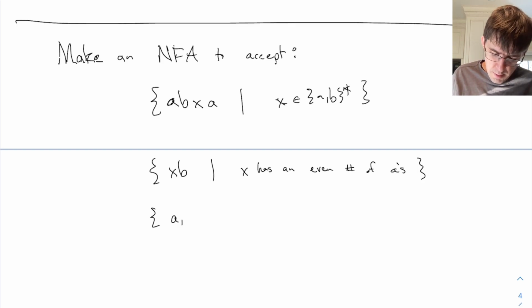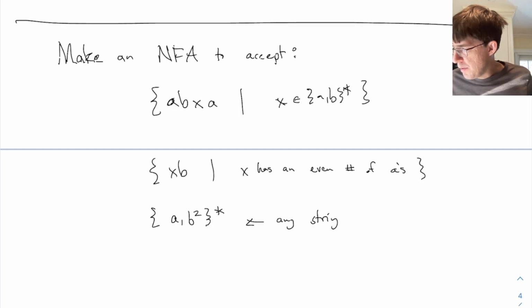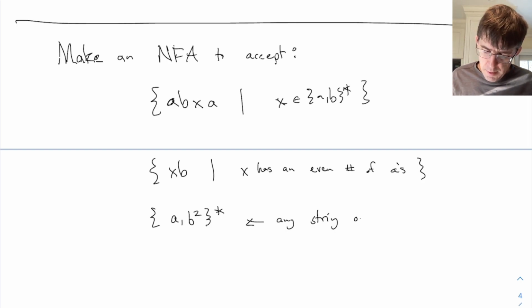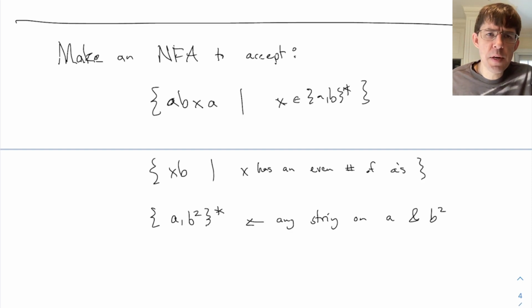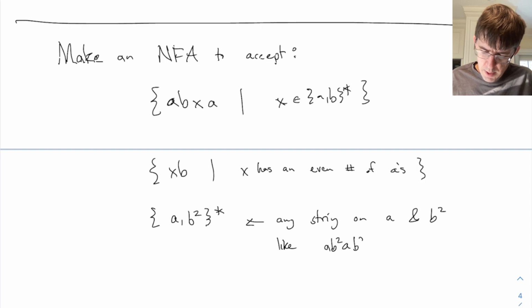This one's a little weird. This is any string on A and B squared. That means that the string can use A's and B's, but the B's have to be together in blocks of 2. So this is like, A, B squared, A, B squared, A, or A squared, B squared, that counts.